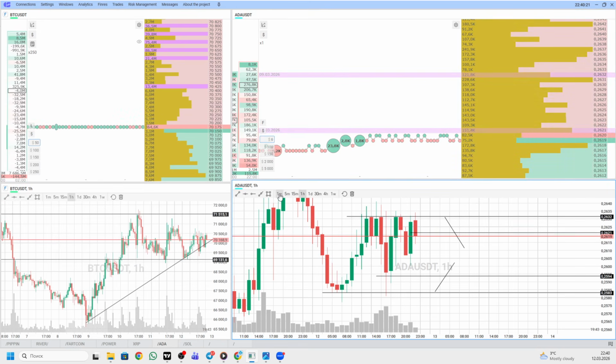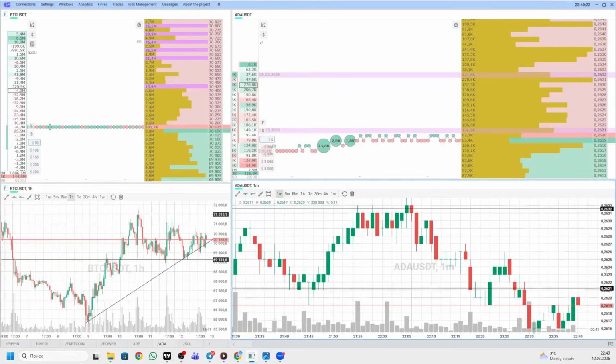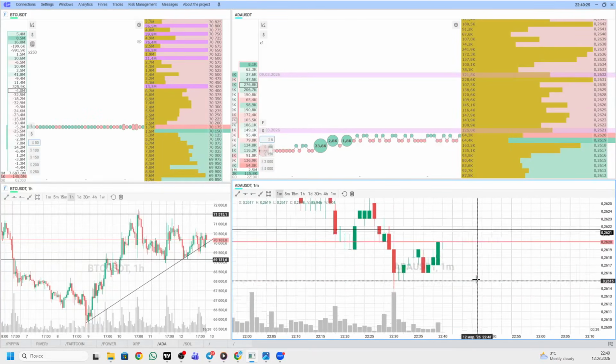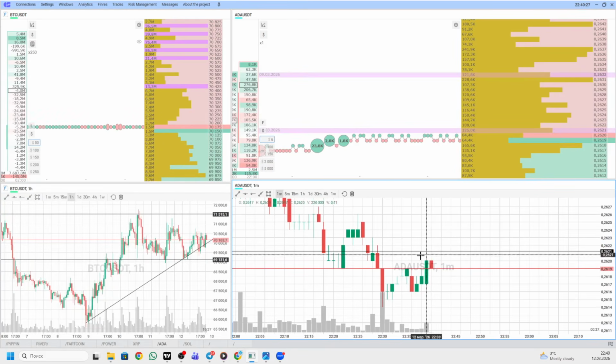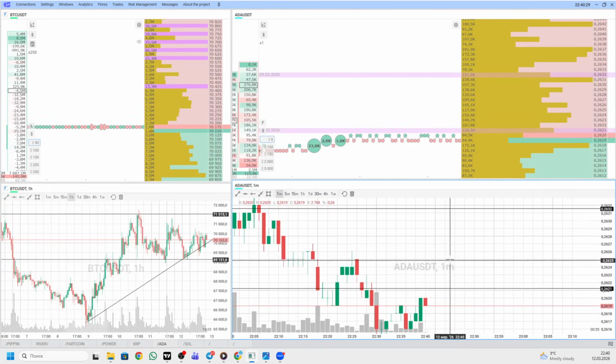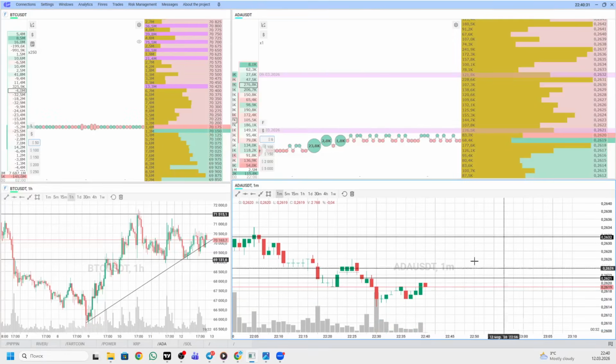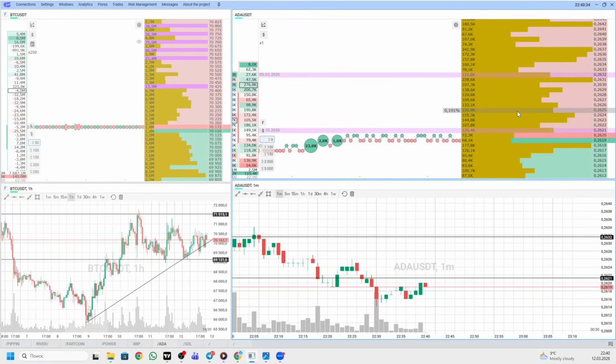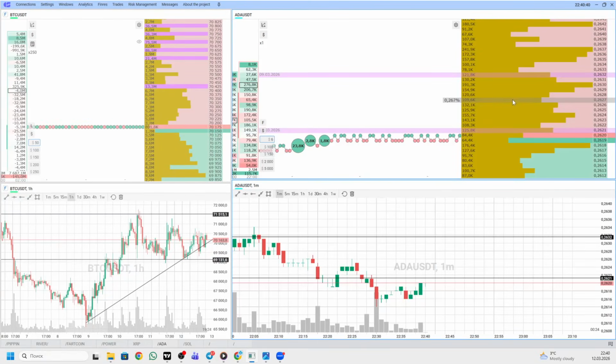Then we switch to the 1 minute time frame and we wait. If the price comes into our zone here, we will start to build the position. How do we do that? The left button is for buying, just remember this, or entering a long position.